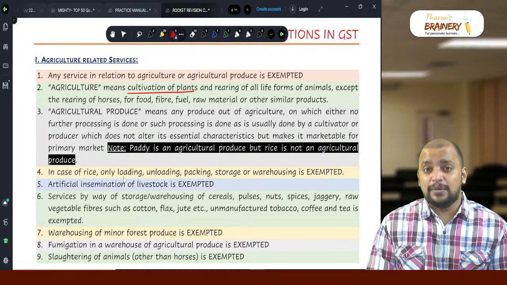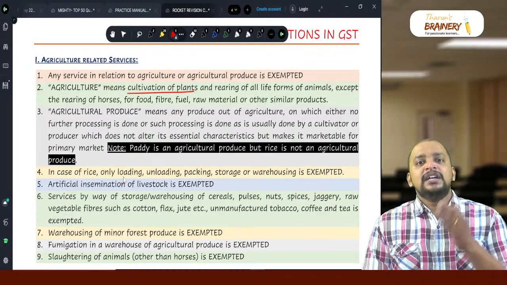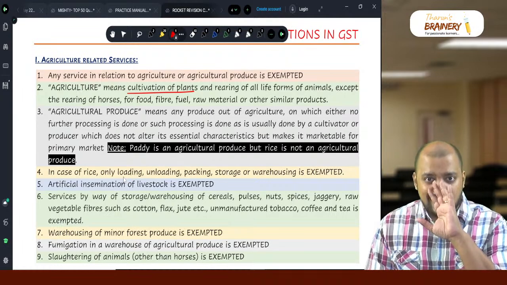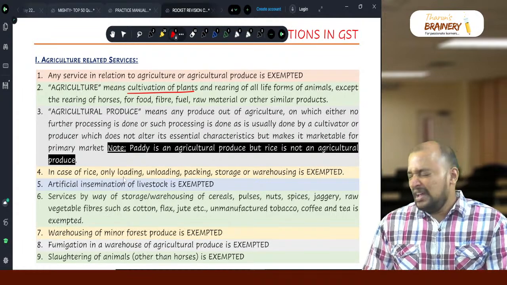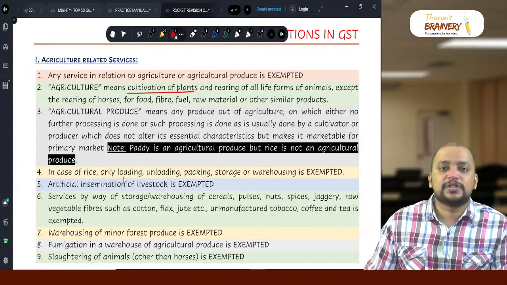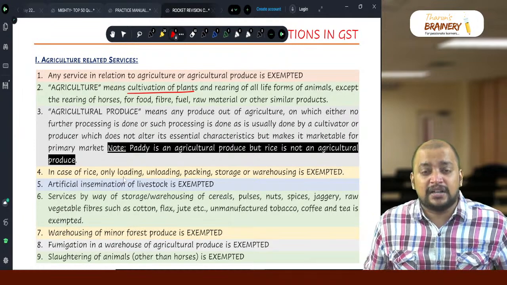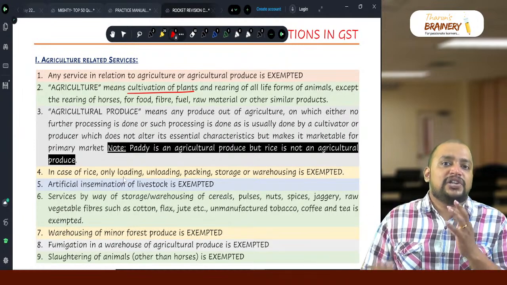Then agricultural produce. Agricultural produce means the primary produce out of agriculture on which no processing is carried out or some processing as is usually carried out by a cultivator which does not alter its essential characteristics.